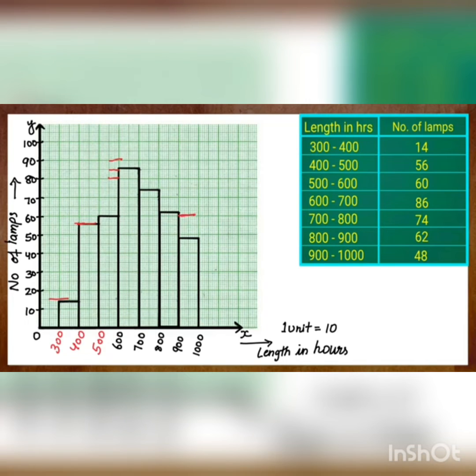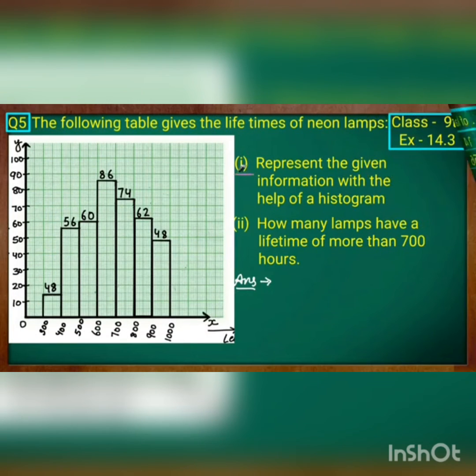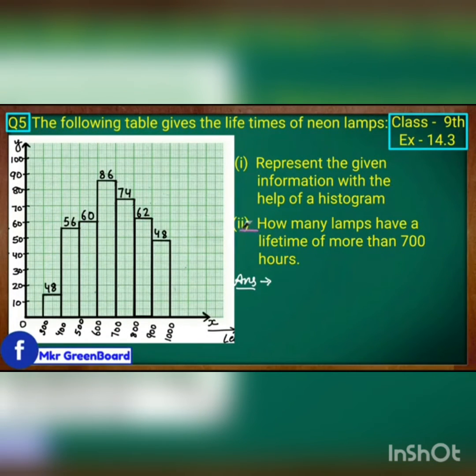Then 900 to 1000 it is 48, sorry, so we mark that 48, and with this we complete our first question, that is representing the information with the help of a histogram.